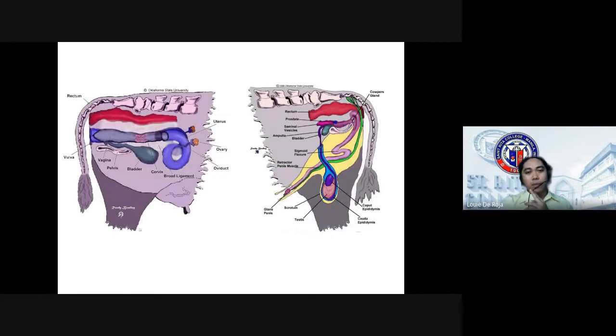For example, this is the male reproductive system and female reproductive system. Same lang din naman siya ng structure. May pagkakaiba lang ng konti sa structure ng human reproductive system sa animal reproductive system. May similarity ng konti, di ba?